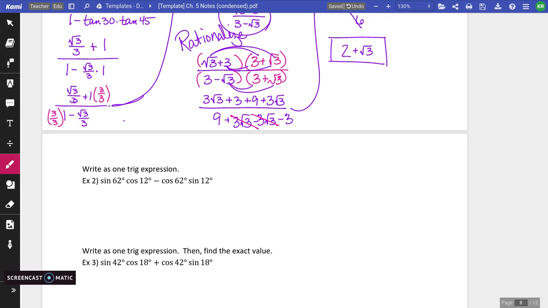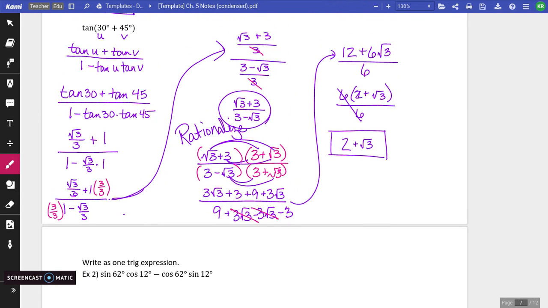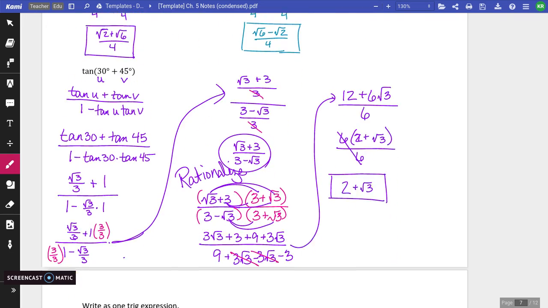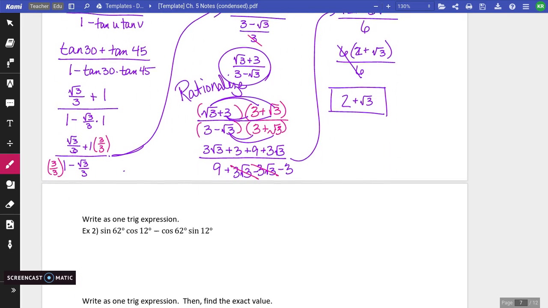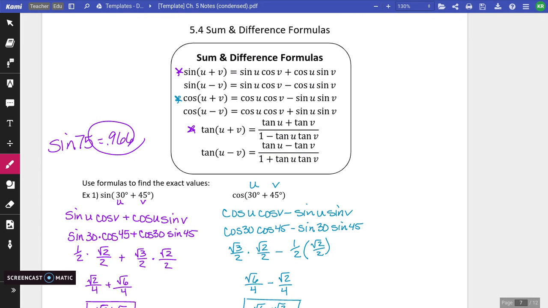Now going on to this next one, write as one trig expression. So basically we're working the other direction. Look at the pattern. You have sine times cosine minus cosine times sine. So go back up here. Sine times cosine, sine times cosine.